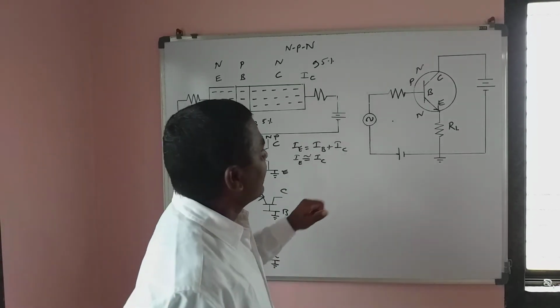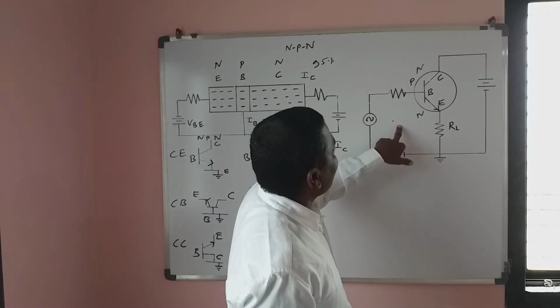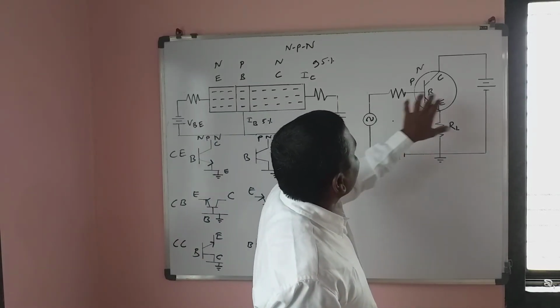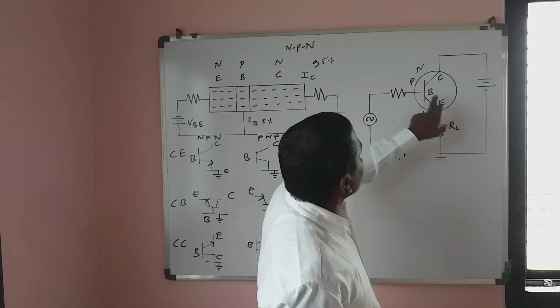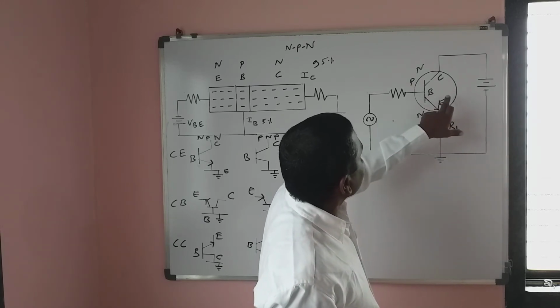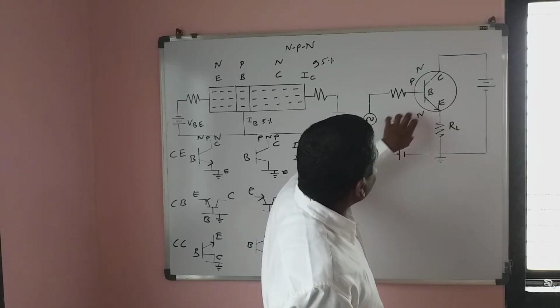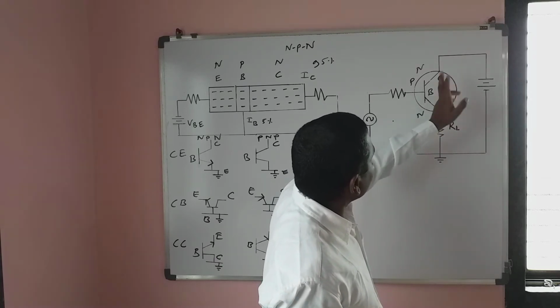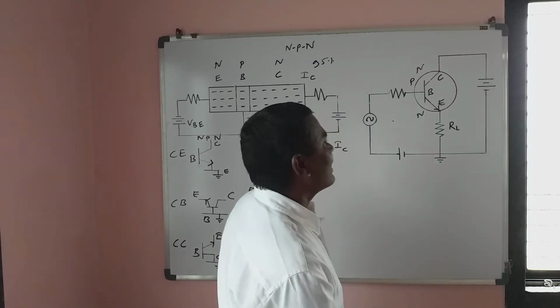So the base-emitter junction is forward biased and the collector junction is reverse biased.